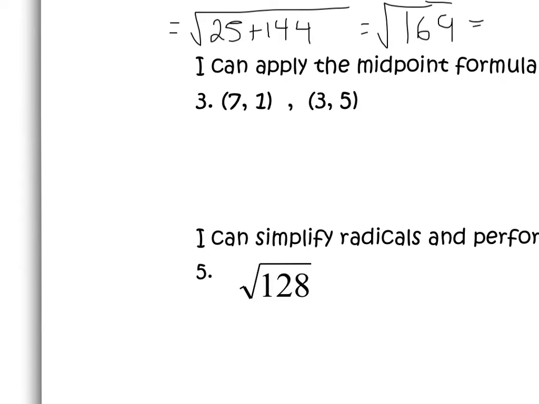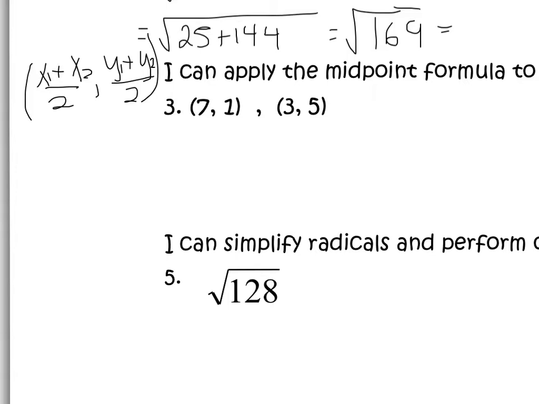So I'm going to write that off to the side. It's real easy. You add up your x's and you add up your y's and you divide them each by 2 to average them out. So if you want to name them x1, y1 and x2, that's totally fine. Not a big deal. So if I do that here, 7 plus 3 over 2.